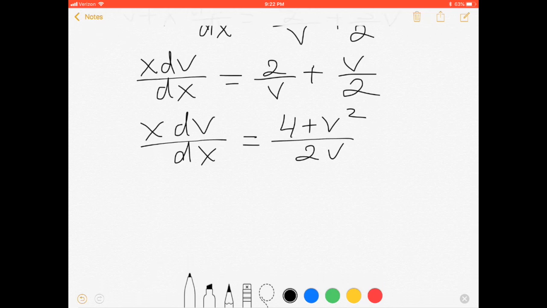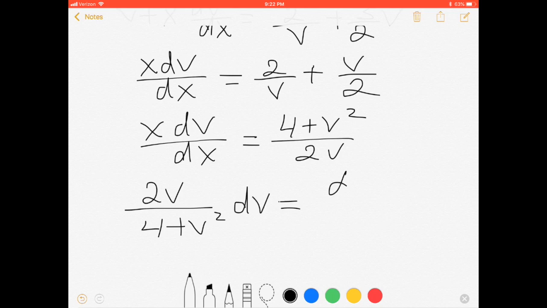We have an equation with separable variables here, and this means we have 2v over (4 plus v squared) dv equals dx over x. Take the integral of both sides.